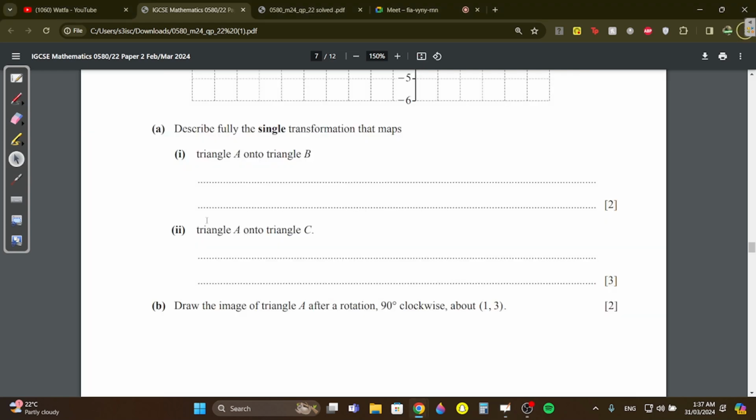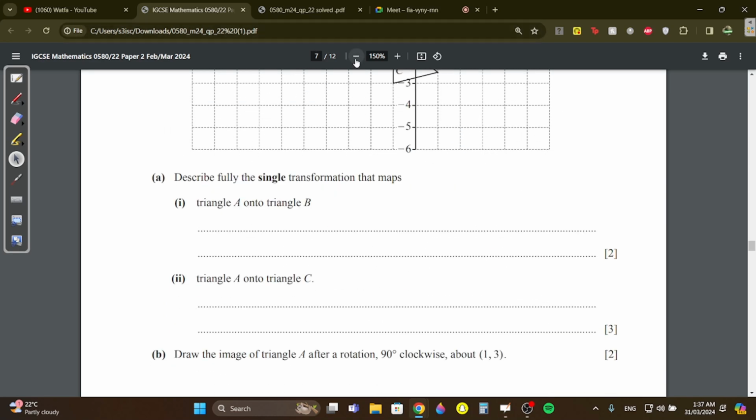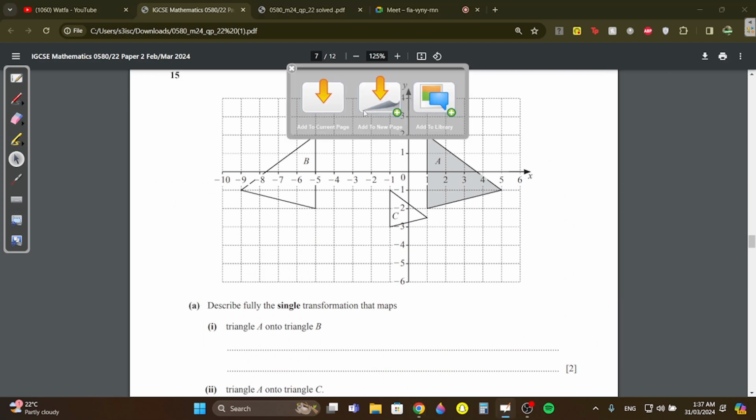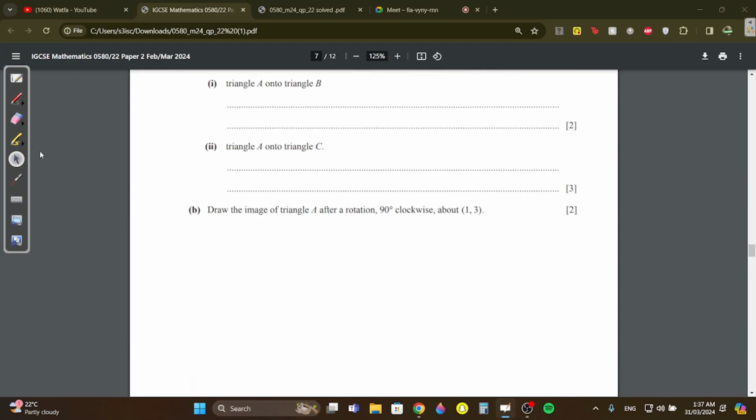Part B says draw the image of triangle A after a rotation 90 degrees clockwise about 1 comma 3. The way I do it is you have to rotate all 3 points one by one. So let me take this over here, new page.